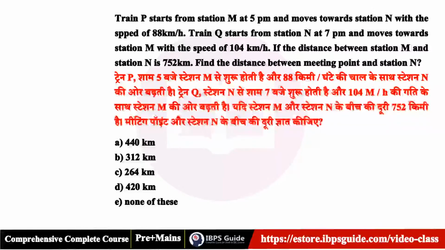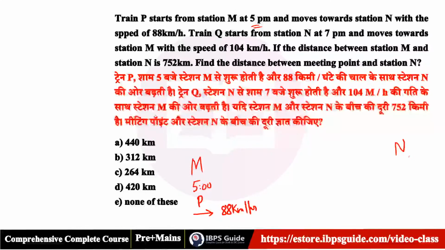Guys, come on everyone. Okay. Train P starts from station M at 5 a.m. towards station N with a speed of 88 km per hour.